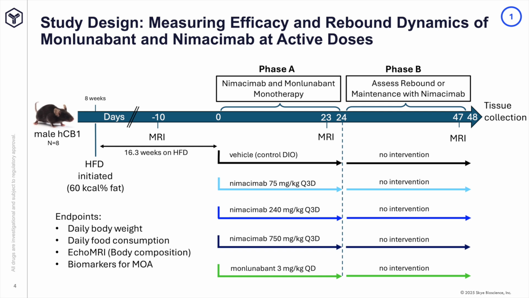The monlunabant dose at 3 mg per kg daily is in line with the phase 2 monlunabant dose that was reported recently. This dose is just slightly higher than the 20 mg per kg phase 2 dose. So a very active dose of monlunabant.